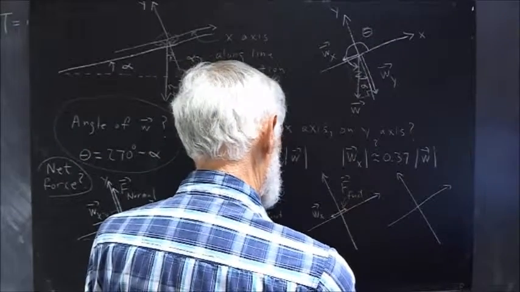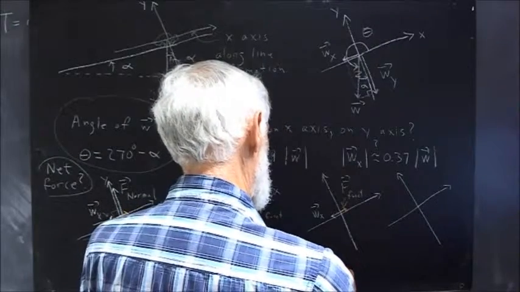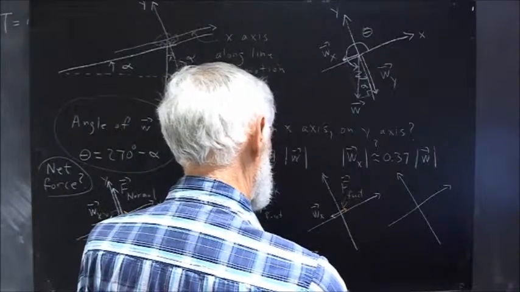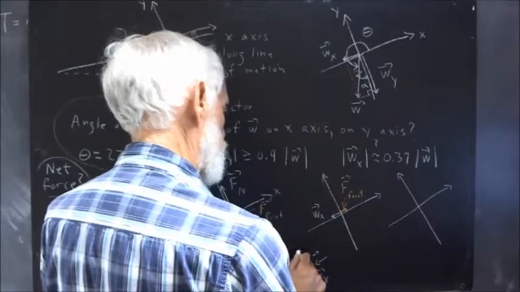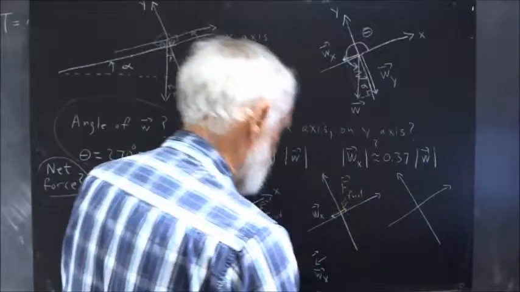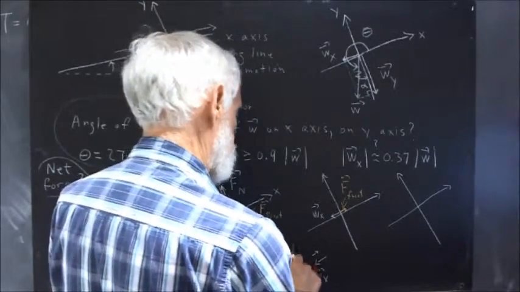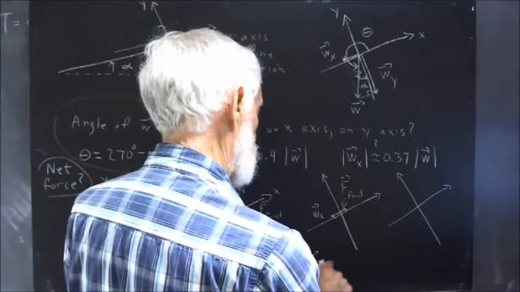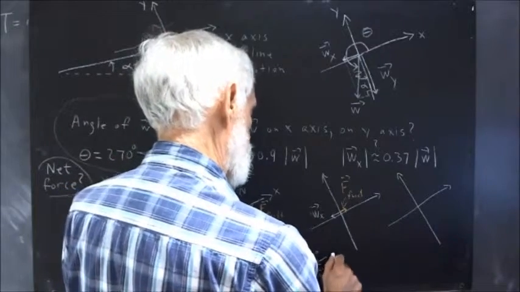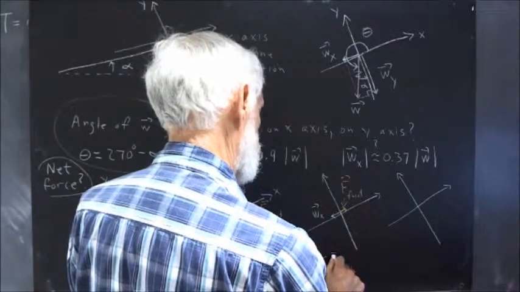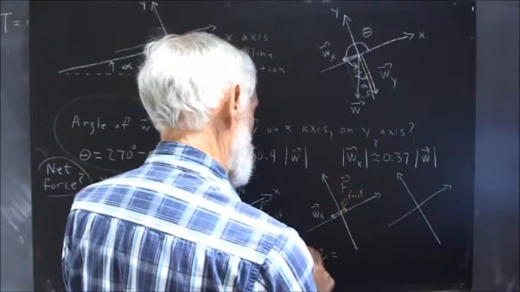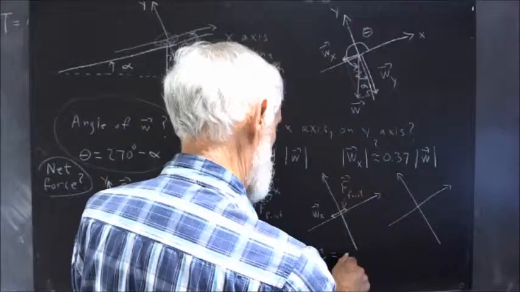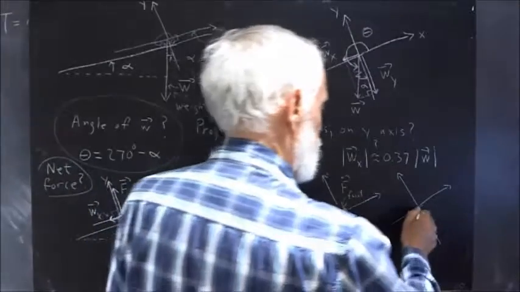We've got the Wx, and we've got the negative force of friction, which is in the direction opposite. If we put these vectors head to tail, this vector plus this vector equals a shorter vector in this direction. So that our net force will be reduced.